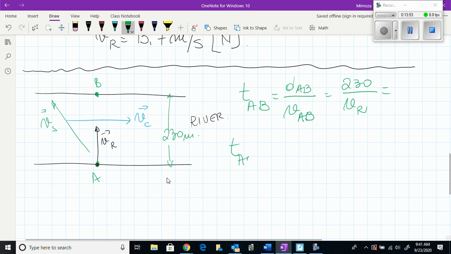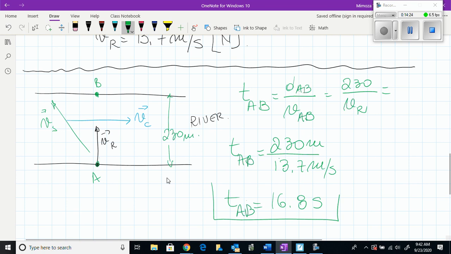And that resultant velocity, we just found, is 13.7 meters per second. So in your calculator, 230 divided by 13.7 will be 16.8 seconds. And this concludes the second question.